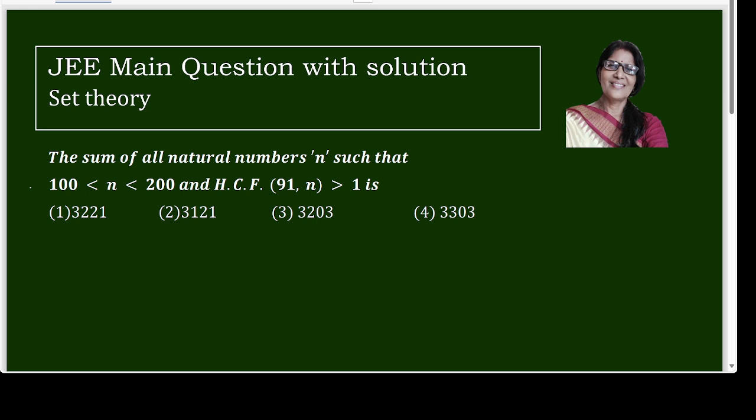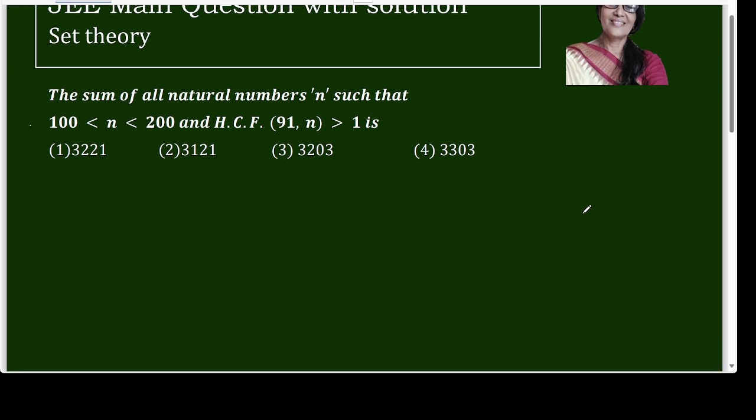So first let's understand what the value of n is. HCF of 91 and n is greater than 1. That means n is either 13 or 7, because 91 equals 13 into 7.